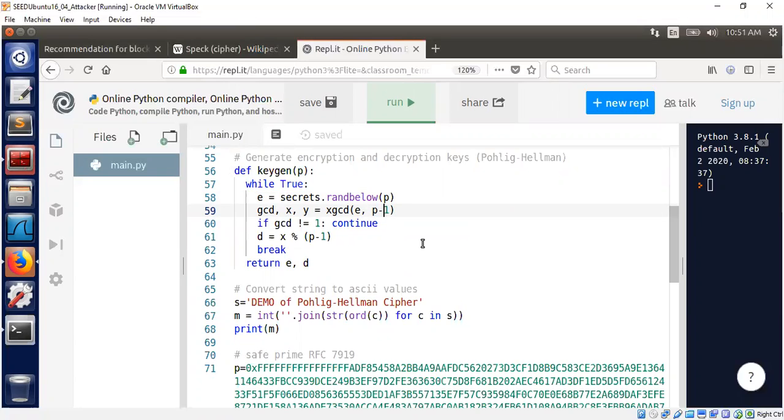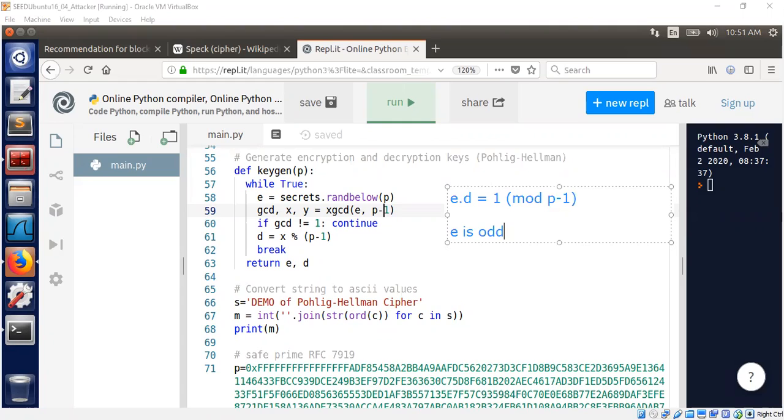For that to work, remember, p is a prime, therefore p minus 1 must be an even number. And you can't solve the equation E times D equal to 1 mod p minus 1 unless E is odd. If E is even, p minus 1 is also even, therefore you will not be able to find a multiplicative inverse.